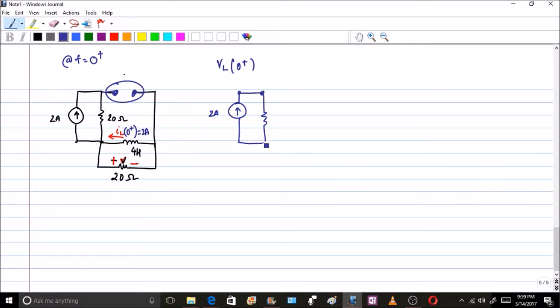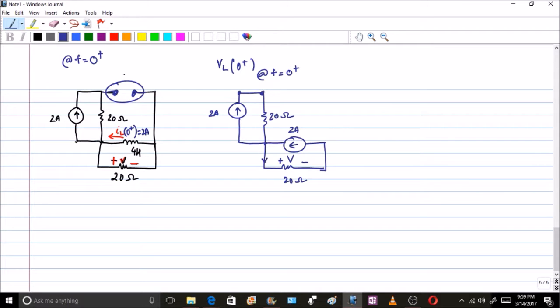So here you have a 20 ohms, and this is only valid at t equal to 0 plus. Please note this 2 amperes is only valid at 0 plus. So this is 2 amperes here, this is your 20 ohms, and this is your plus or minus V.